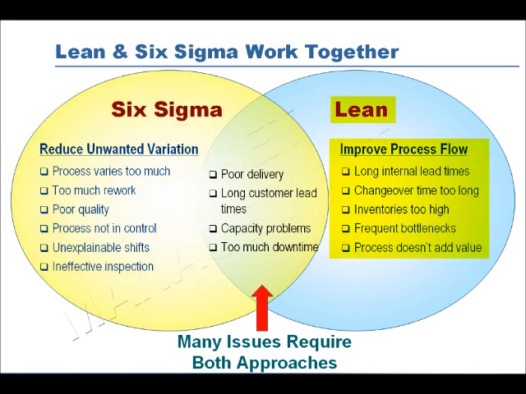Lean addresses issues like long internal lead times, changeover time too long, inventories too high, frequent bottlenecks, process doesn't add value. Many issues require both approaches, like poor delivery, long customer lead times, capacity problems, too much downtime.